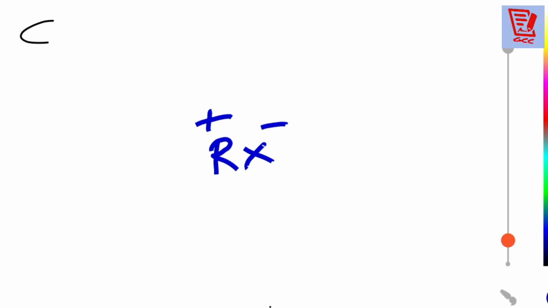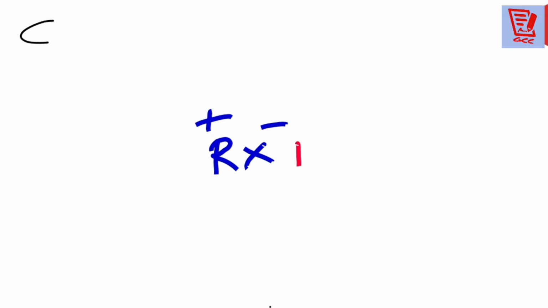See, number one. Now students, please watch carefully what I am going to do in this case. This is the RX. R is positive, X is negative. First of all, suppose I am going to do it with the hydroxyl group. Here I am writing the reaction with KOH, K positive, OH negative.